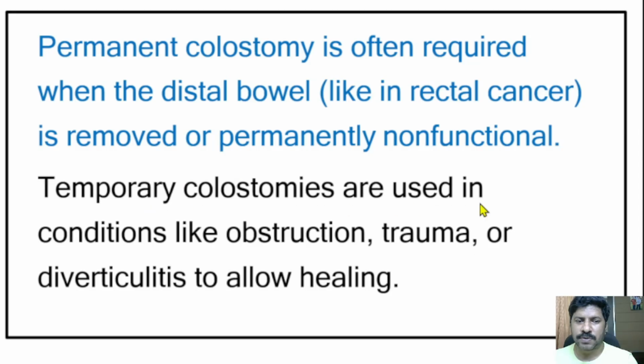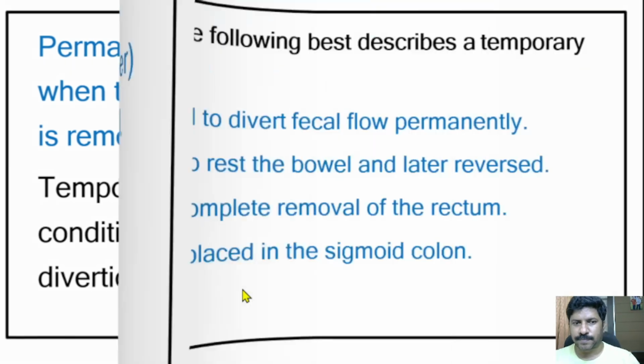Temporary colostomies are used in conditions like obstruction, trauma, or diverticulitis to allow healing. In order to prevent stool from going to the injured site, there will be a temporary colostomy. It may fasten the healing process.